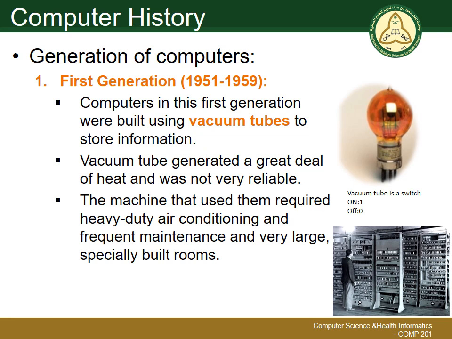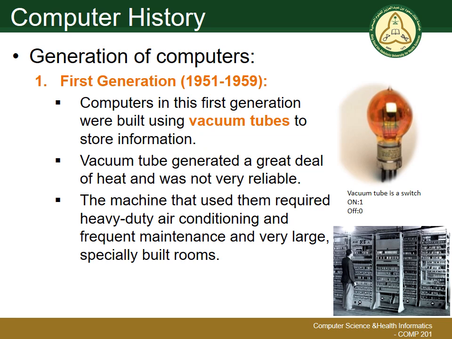So in order to lower the temperature in that room that was hosting the machine, they had to use heavy-duty air conditioning to make it cooler. And also frequent maintenance, because those vacuum tubes were not reliable.